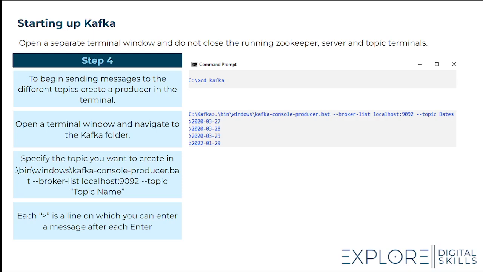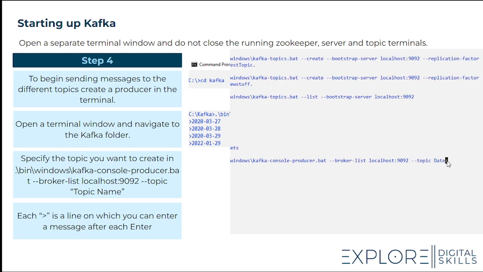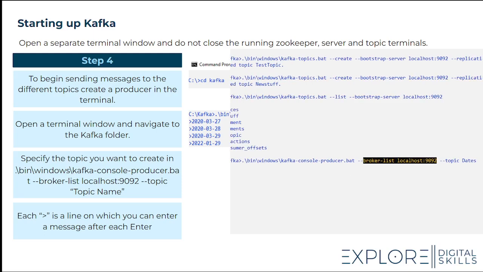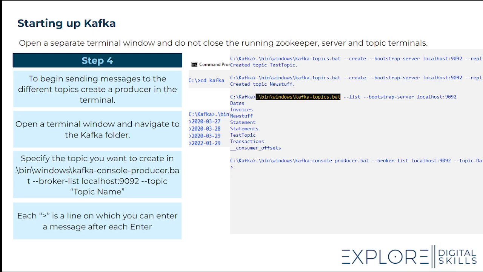So I'm going back to the terminal, and as I said before, I want you to look at topic dates. And this is the server that you must be looking for. And this is the file that I'll be using, which, if you look, is exactly the same one as over there. So it is in the topics one.